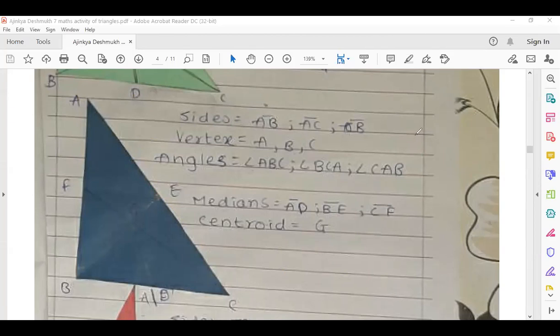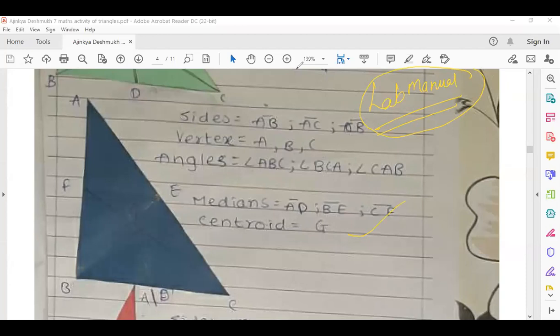Am I audible to you, everyone? Yes, sir. Did you get the lab manual from the school or not? Yes, sir. Got it. So you have to do these activities in that file.